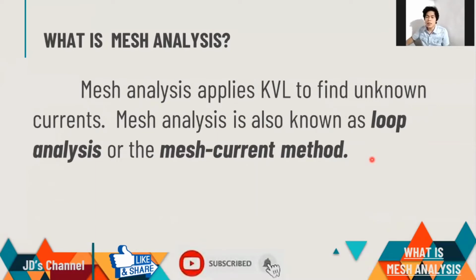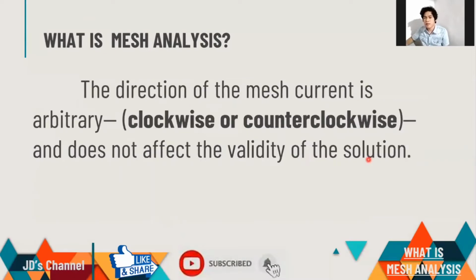Mesh analysis applies KVL to find unknown currents. Mesh analysis is also known as loop analysis or the mesh current method. The direction of mesh current is arbitrary, so it can be clockwise or counterclockwise.